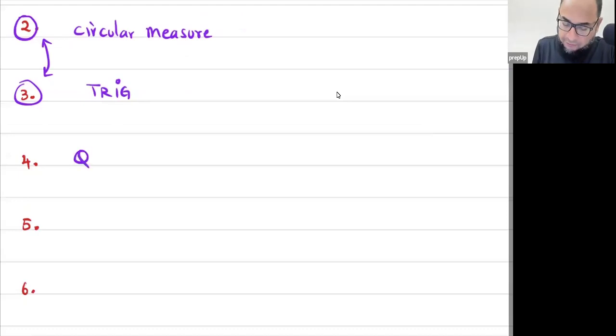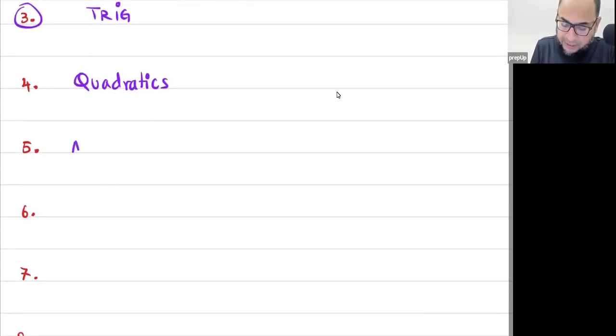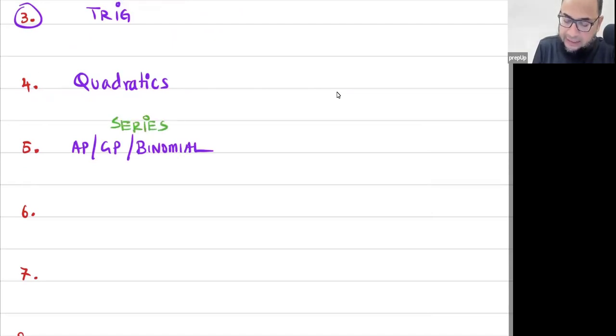The fourth topic, we can do quadratics. And then we can have AP, GP, binomial. This chapter collectively is known as series. So series has 3 components, that is AP, GP and binomial.